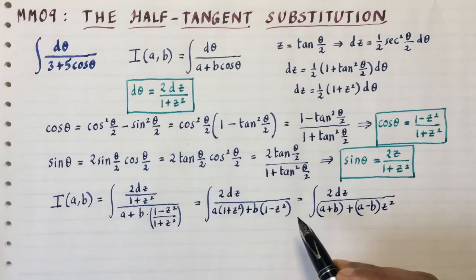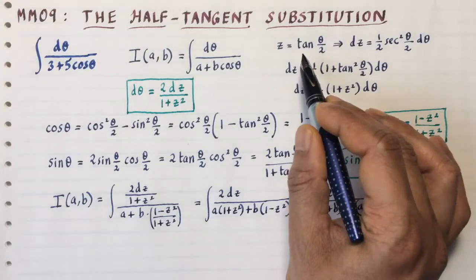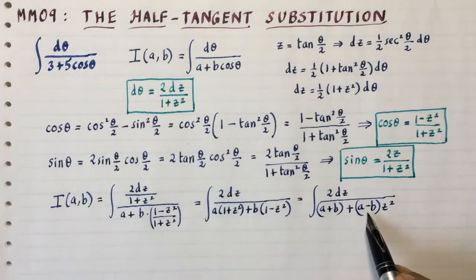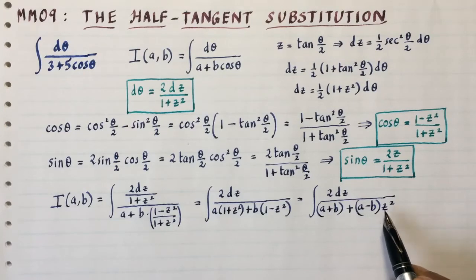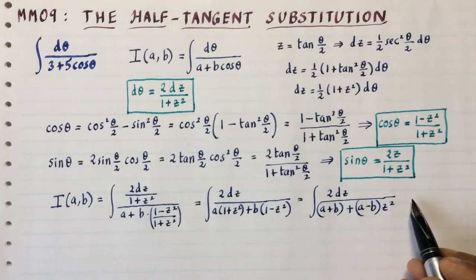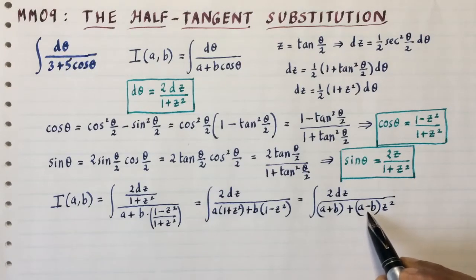Now if you observe that substitution z equals tan theta over 2, there's this factor of a minus b which we need to get rid of. If I just had 1 plus z squared, I can make another tan substitution and take care of this integral, but this factor of a minus b is bothersome.